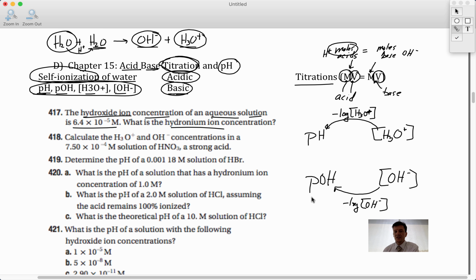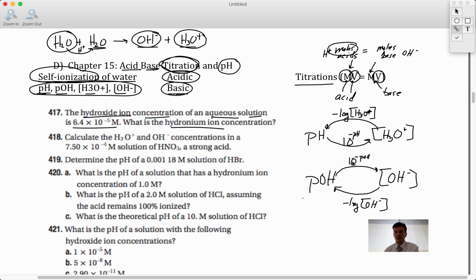So p means negative log of some concentration. So the pOH is the negative log of the hydroxide ion concentration. pH is the negative log of the hydronium ion concentration. So to go the other direction, you would take 10 to the negative pH, and that would give you the concentration. Here, we would take 10 to the negative pOH, and that would give you the concentration.